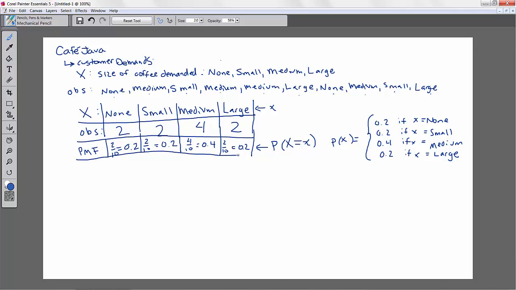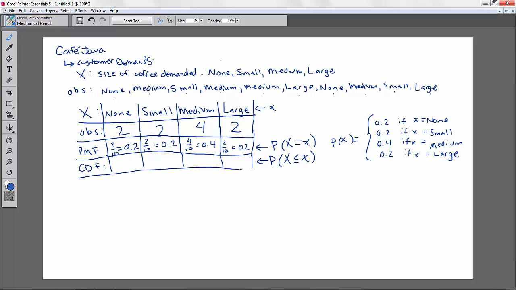Now, the next step of the problem may want to identify the CDF, the cumulative distribution function, for this data. Remember from lecture that the CDF is simply the probability that a random variable x is less than or equal to some particular value, little x.